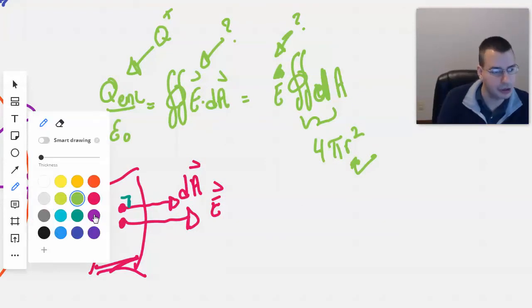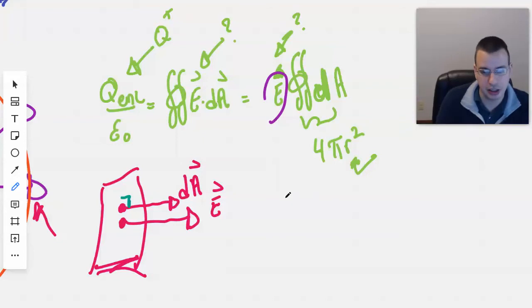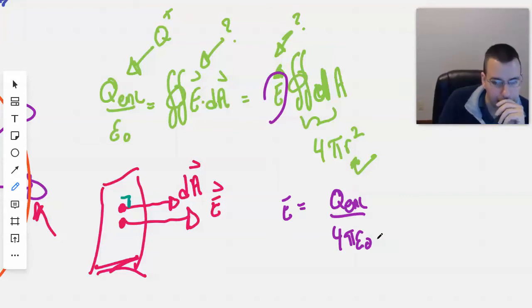Okay. So then we're going to solve this for E. The electric field E equals, since we know this is 4 pi r squared, Q enclosed over 4 pi epsilon naught r squared.